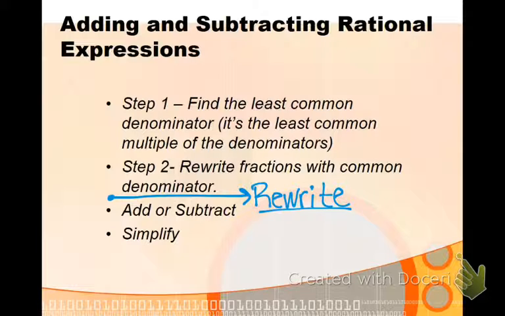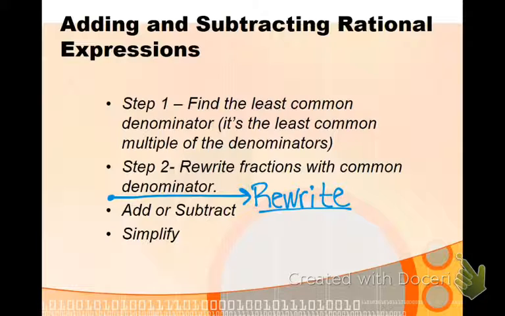It is the least common multiple of the denominators. We rewrite the fractions with a common denominator. We also then, that third step should be rewrite numerators accordingly. It all gets rewritten. We add or subtract whatever the problem's telling us to do, and then we simplify however we can.